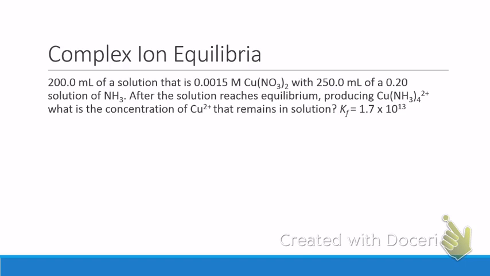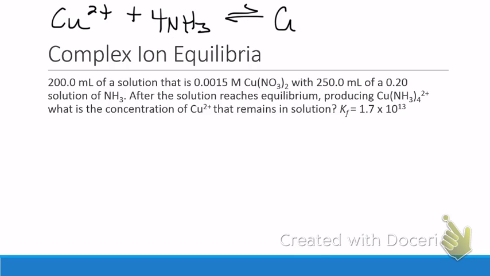So our first step again will be to write out our equilibrium expression, copper 2 plus 4 ammonia is in equilibrium with our complex ion. Make sure that you are balancing the amounts of ammonia in all of these equations, or the amounts of whatever ligand is attaching to our metal.